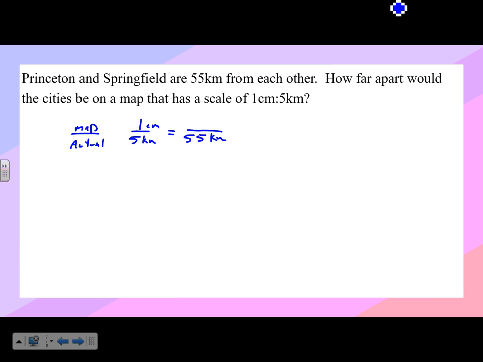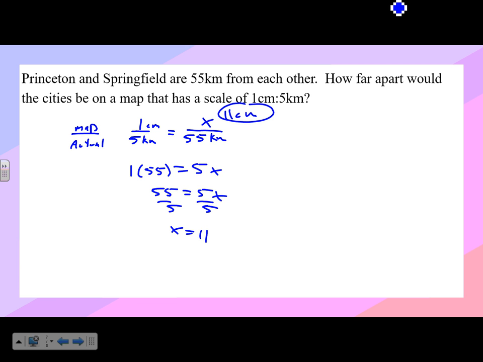So what is the centimeters on the map? Well, 1 times 55 is equal to 5 times x. Divide by 5. You end up getting 11. So that's 11 centimeters on the map. Now again, remember, if you ever aren't sure how to do that, most of the time you'll be able to put your centimeters on top and your kilometers on bottom, or your inches on top, miles on bottom, something like that.